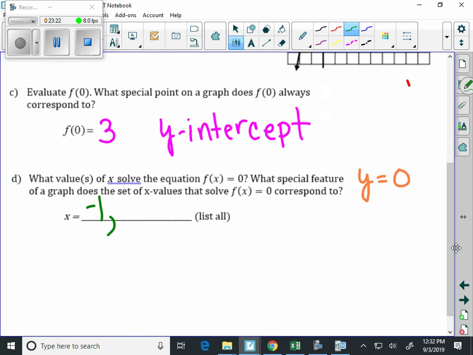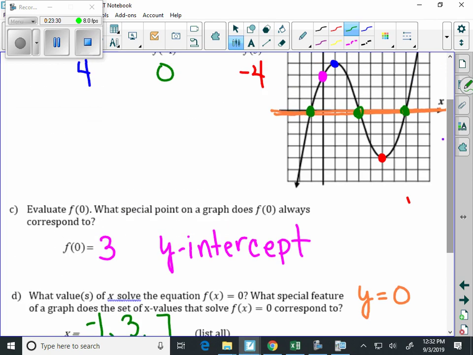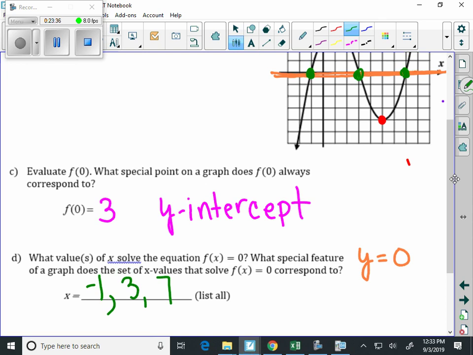You don't have to have the same order as I do, you just have to have them. -1, 1, 2, 3, 4, 5, 6, 7. And what special feature are these? Well, when x equals 0, we have a y-intercept. And remember, f of x is another way of writing y. So when y equals 0, these must be x-intercepts.